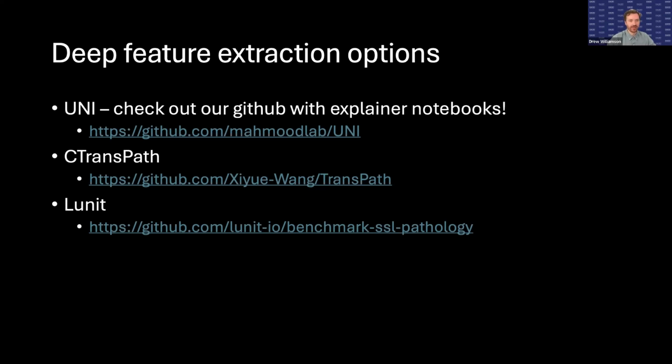The caveat here is that CTransPath was pre-trained on TCGA, and whether it's good or bad, I've seen that some reviewers get very uncomfortable if you apply CTransPath features to TCGA images and use that to say that your method, whatever you developed, is working well, because it's been pre-trained on that.